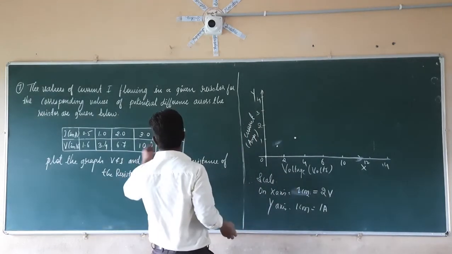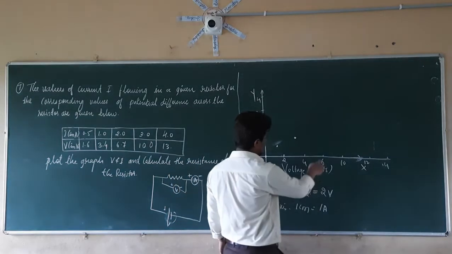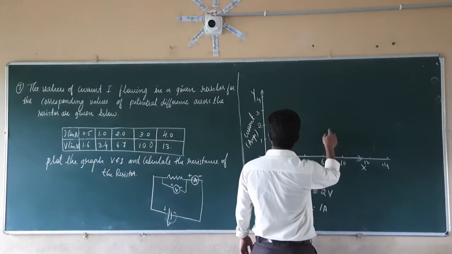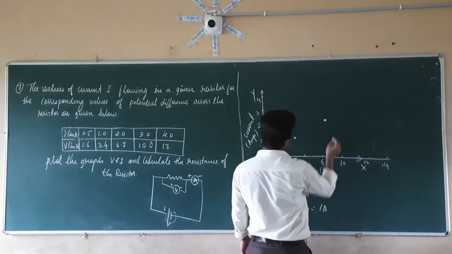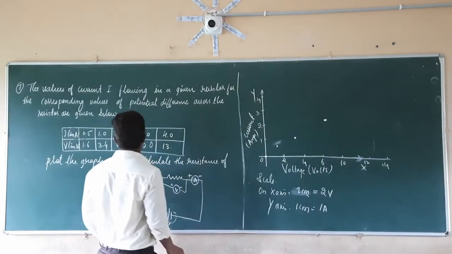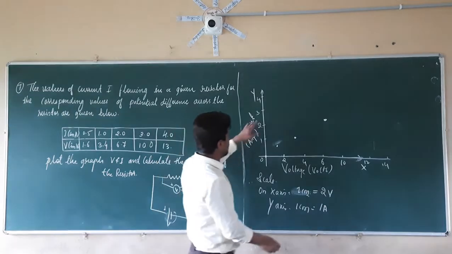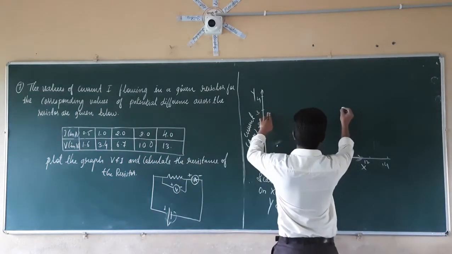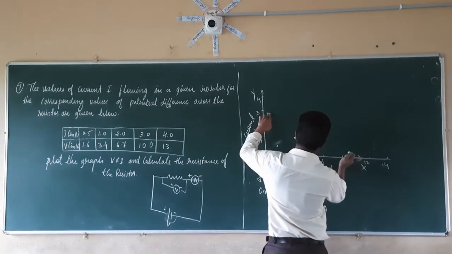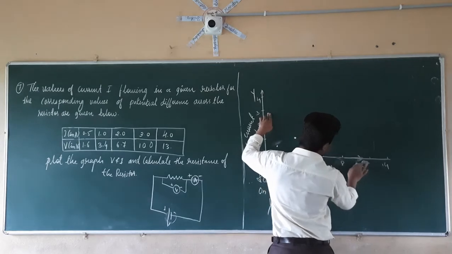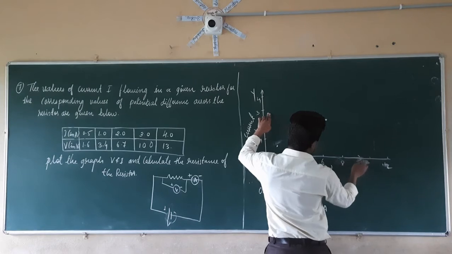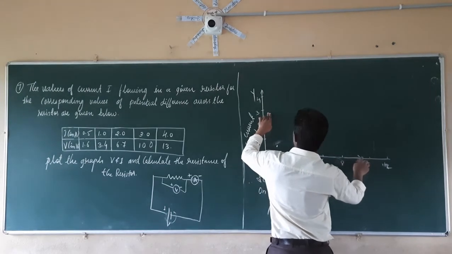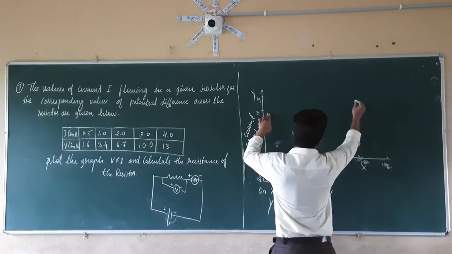Next, for 6.7 it is 2, so it will be like here for 6.7. And for 10.0 it is equal to 3, so from here, this point, it will be equal to 3 here.